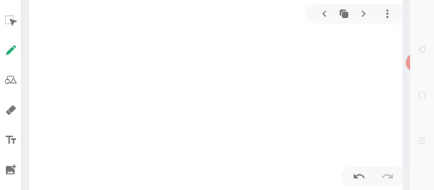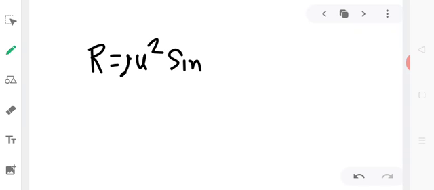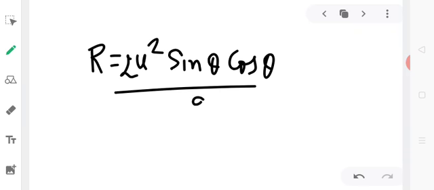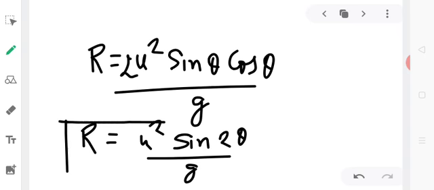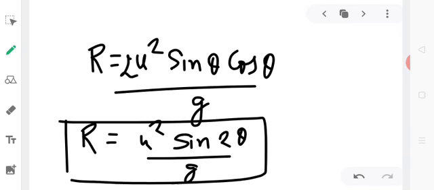So now we may write r to be equal to u square 2 sin theta cos theta by g. Using the trigonometric formula, 2 sin theta cos theta is equal to sine of 2 theta, so r is u square sine of 2 theta divided by g.